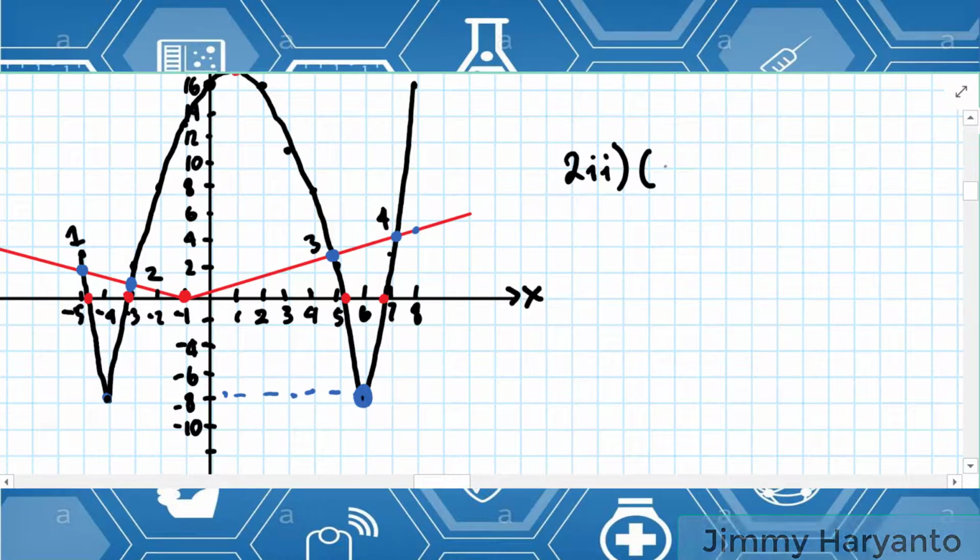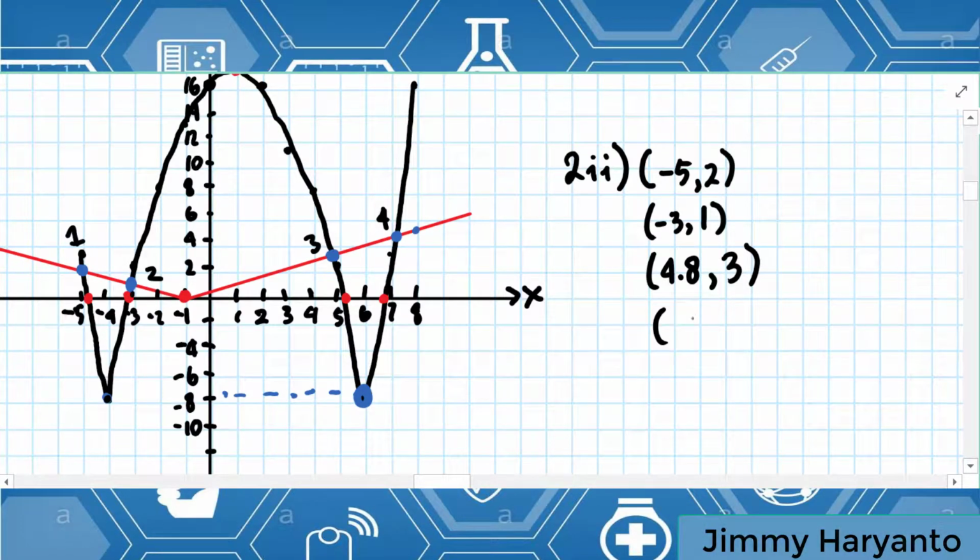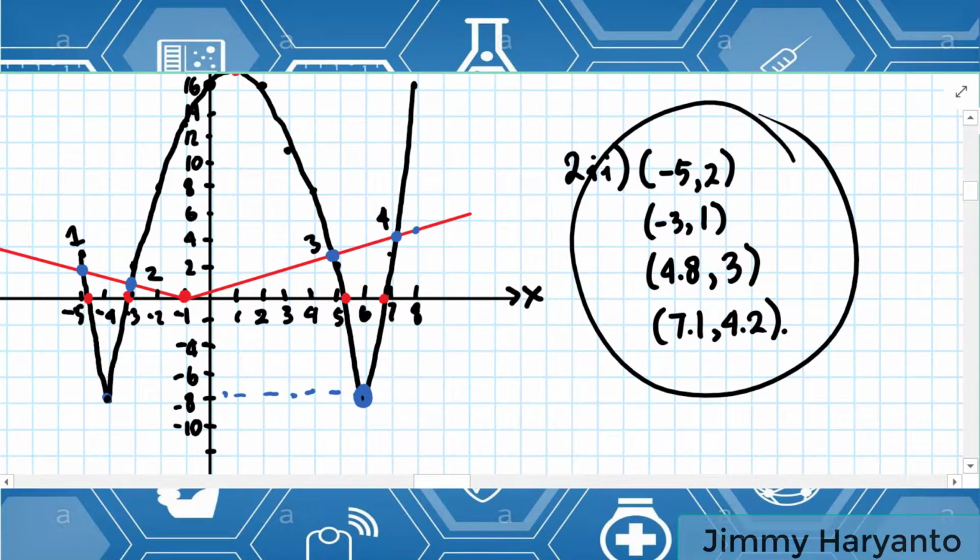For the first one, I think it is around negative 5, 2. This one is negative 3, 1, and then the third one will be 4.8 maybe, around 3. And then the last one is 7.1, around 4.2. So these are the intersections between the two graphs.